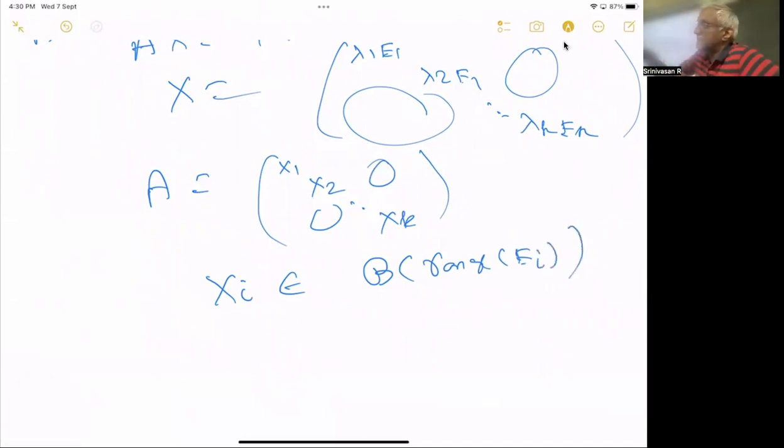Ei is a projection, and Xi is just a matrix on that subspace. That is what A should look like.